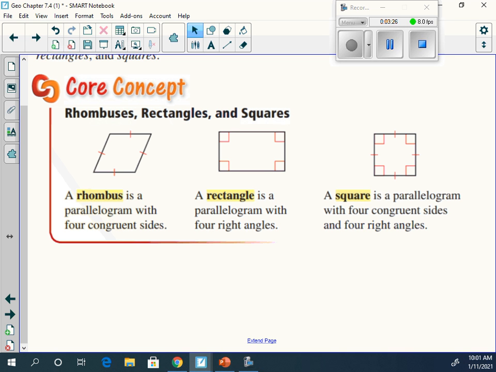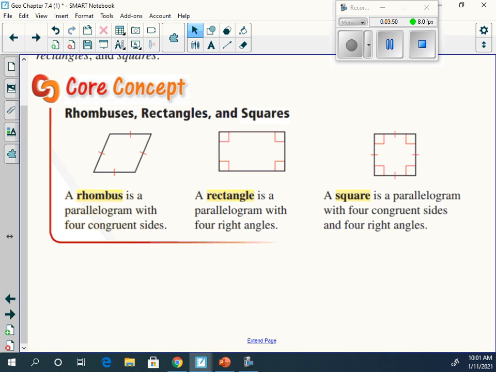So can a square be a rhombus? Well, yes. Can a rhombus be a square? Not always. If we had a certain case where all four angles are right angles, then yes. But would every rhombus be a square? Well, no, because a rhombus is just four congruent sides. So a square can be a rhombus, but a rhombus is not always going to be a square.